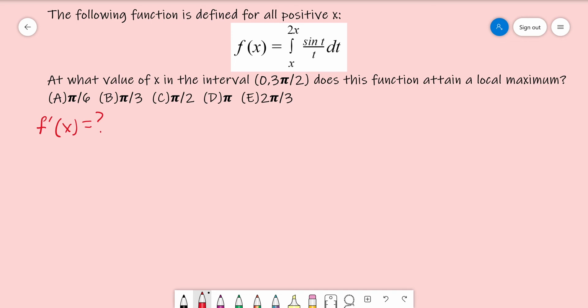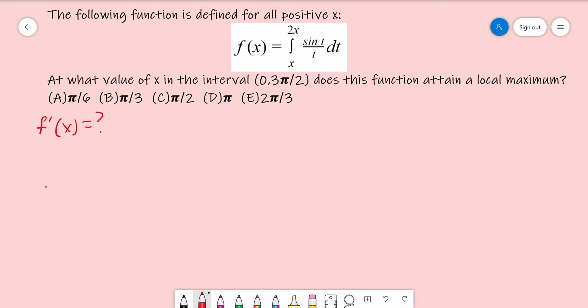Well, to differentiate this function, the trick is to think about this. We know from the fundamental theorem of calculus that the derivative of an integral somehow ends up being the function inside the integral, the integrand. But we've got this x and a 2x as the limits of the integration, so it's not exactly just sine x over x. We're going to have to think about this integrand, sine t over t.